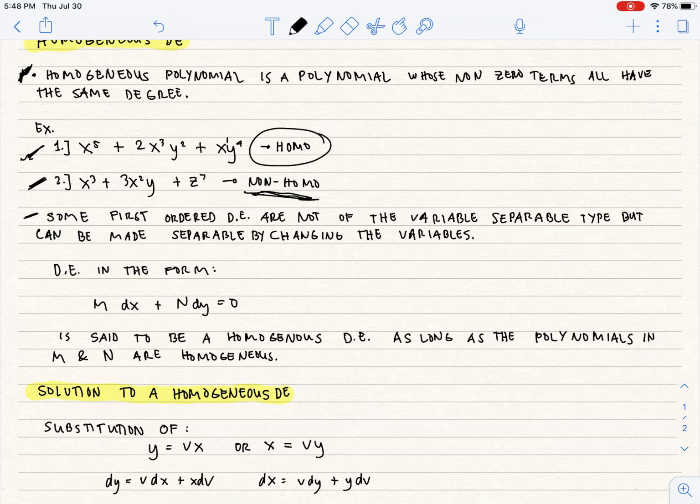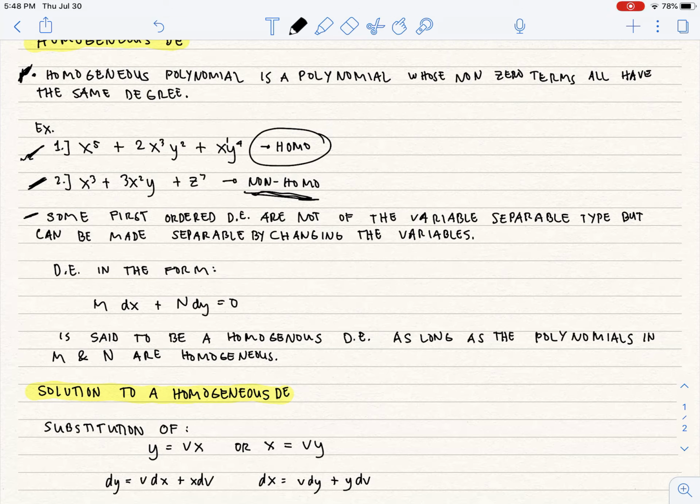Okay? So pag dili separable, i-try nato kung homogeneous ba. I-check nato if homogeneous ang DE. Tapos pag homogeneous, buhaton nato ang some substitutions para ang dili separable, mahimo natong separable gamit ang mga changes in variables.